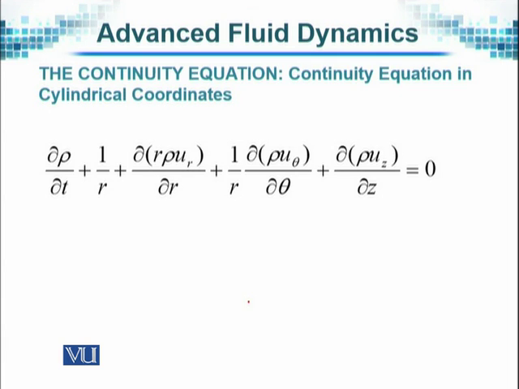The continuity equation will then take the form: partial derivative of rho with respect to t, plus 1 over r times the partial derivative with respect to r of rho r u_r, plus 1 over r times the partial derivative with respect to theta of rho u_theta, plus the partial derivative with respect to z of rho u_z.